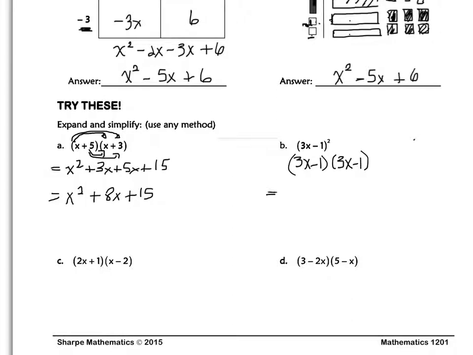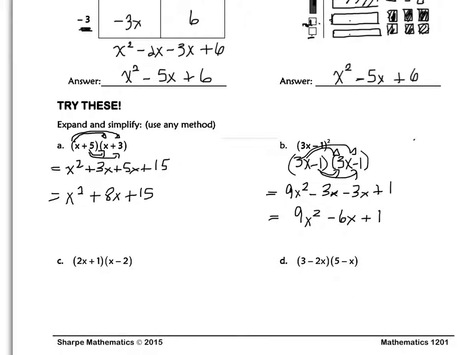And then use the distributive property. 3x times 3x is going to be 9x squared. 3x times a negative 1 is going to be minus 3x. And then you move to the negative 1 and distribute that, so it'll be minus 3x again. And then the minus 1 times the minus 1 will be positive 1. So this would be 9x squared minus 6x plus 1.